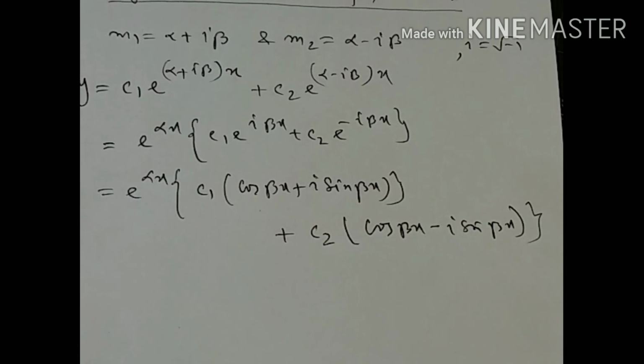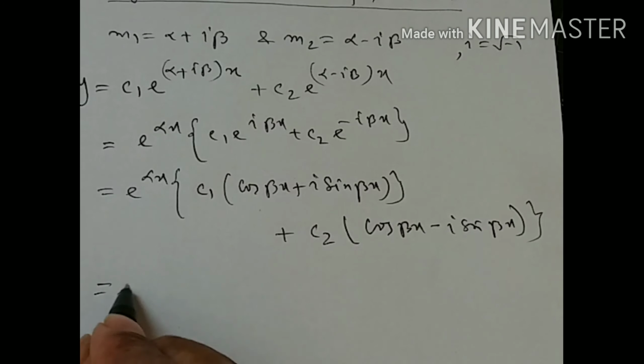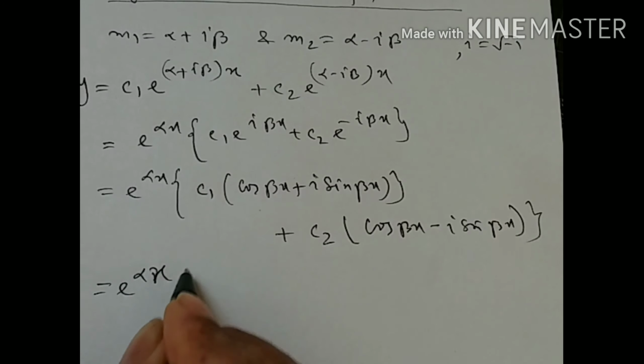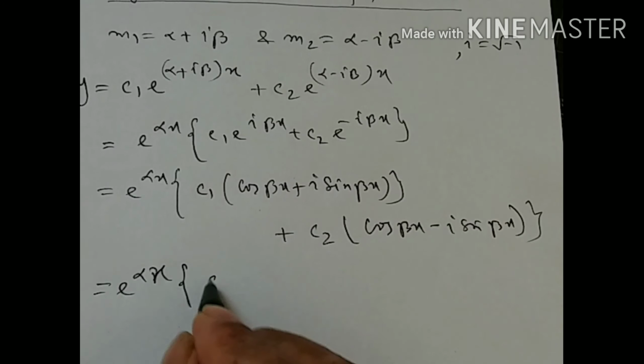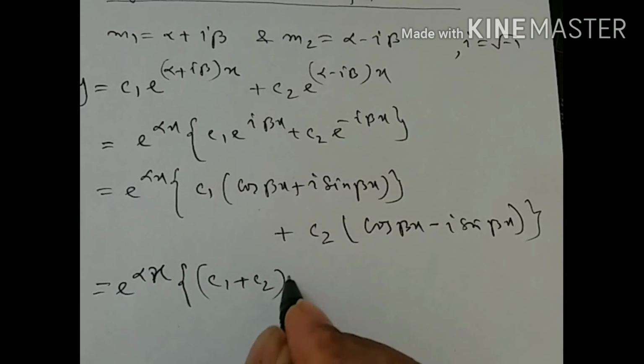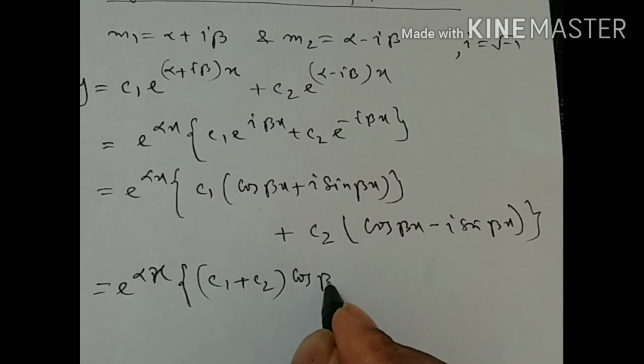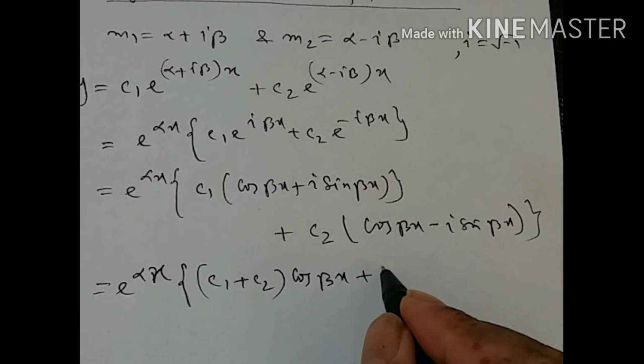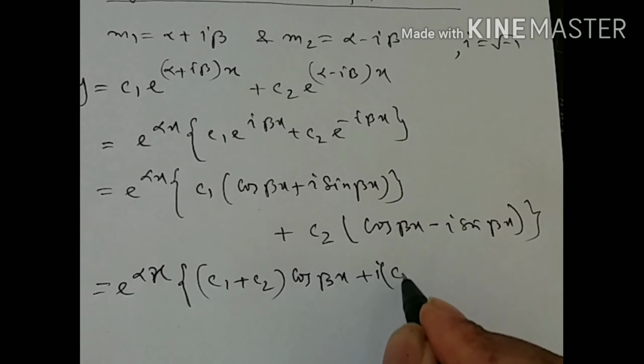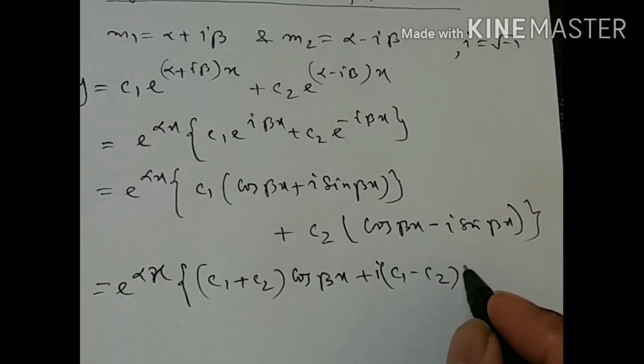So now we can take common what? e to the power alpha x. We are taking cos beta x: this is c1 plus c2 cos beta x. Again we can take common i, c1 minus c2 sin beta x.